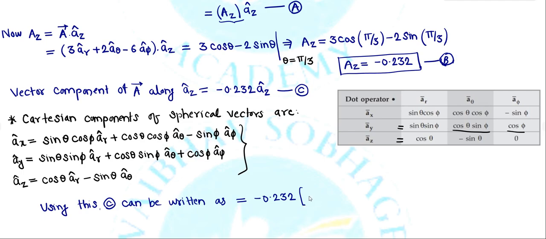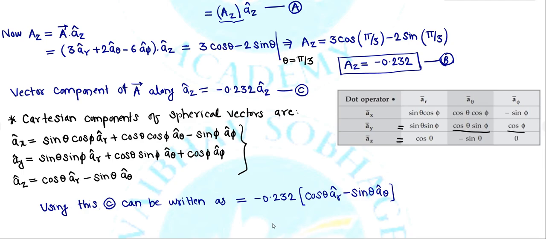AZ is cos theta AR minus sin theta A theta.